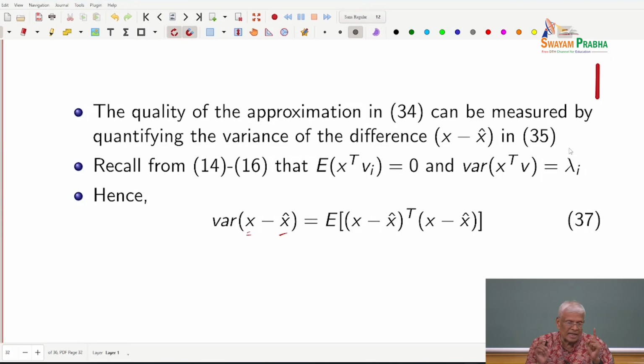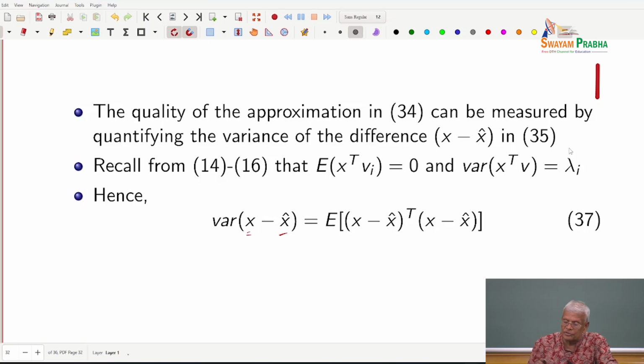You can think of x hat as an estimate. Please remember, throughout this course we are trying to have some estimate of the true value. The difference we call the error or residual, and we are always interested in the quality of the residual. In least squares we are interested in the magnitude of the residual. Here we are interested in the variance of the residual. So there is a similarity between the ways of quantifying the quality of errors.